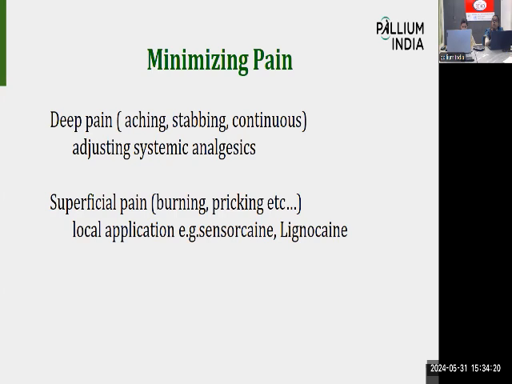Then you can think about local application, Sensorcaine or lignocaine. You can take 1 ml and add 3 ml of normal saline and pour that over the wound, and wait around 5 to 10 minutes. At that time the patient will get a local anesthetic effect. Then you can do the dressing.